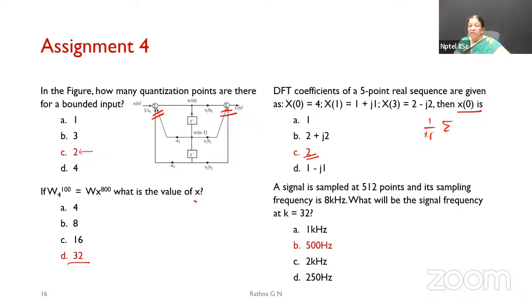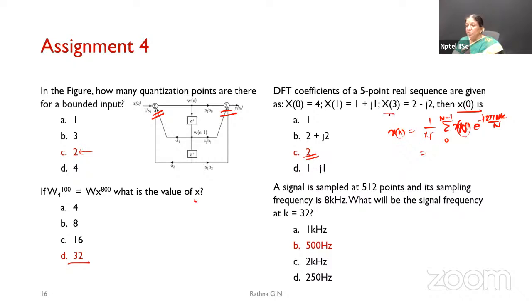When you apply your equation, x of n is equal to capital X of k into e power minus j 2 pi nk by capital N. So we are trying to find out x of 0, so it is going to be 0 to N minus 1. If you add them up, all of them are e power 0. So you will be adding capital X of 0 to 3, what you are adding.